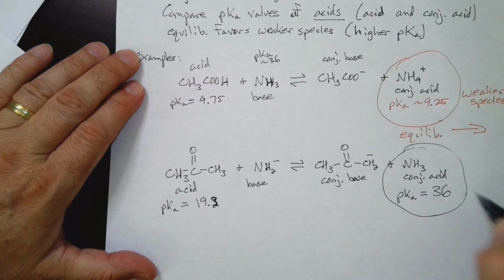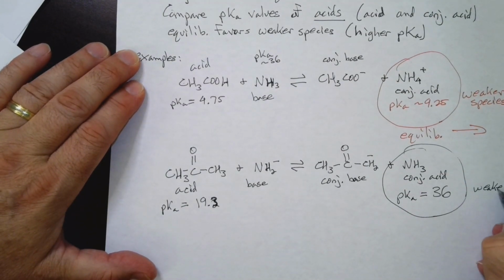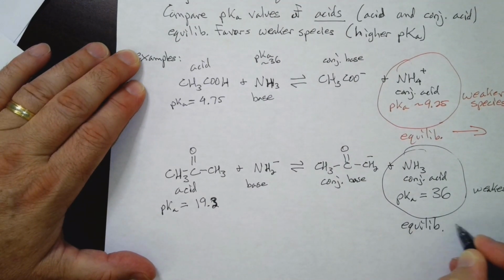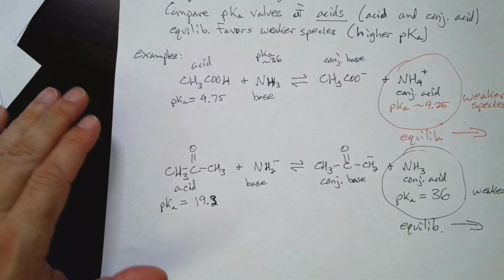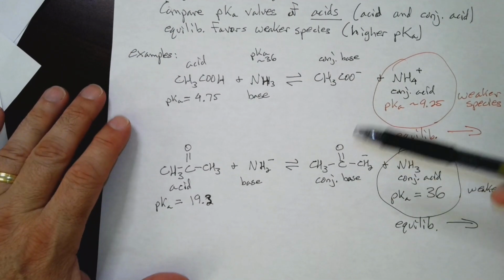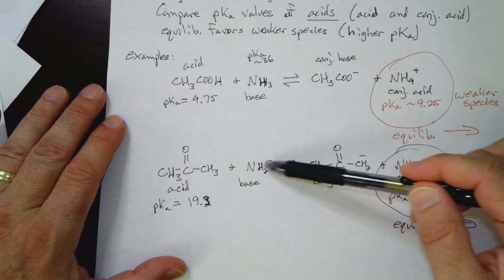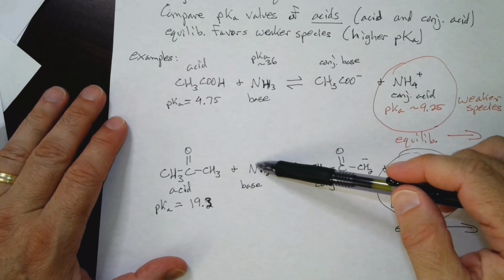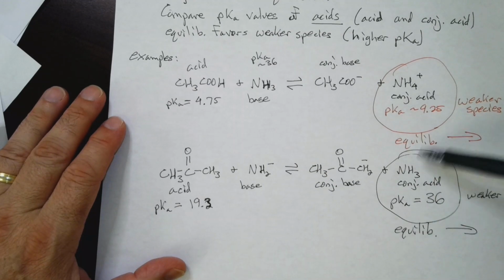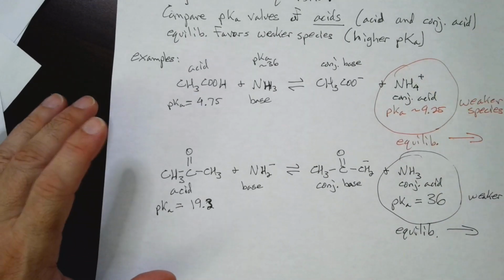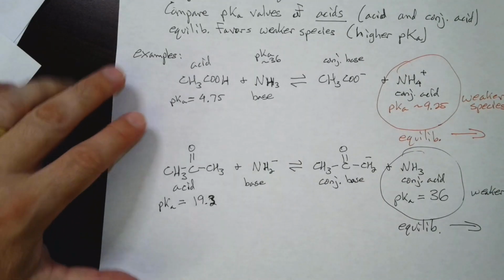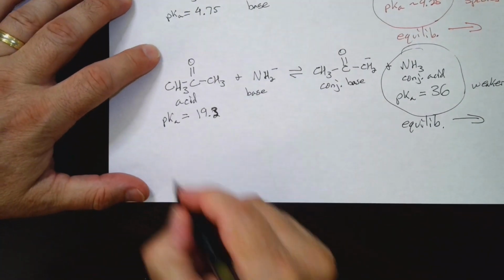So, weaker. My equilibrium is way over that way. Now, we couldn't actually do this reaction in water because the amide here would react with the water to make ammonia and hydroxide. And then hydroxide is not a strong enough base to deprotonate. In fact, let me draw that.